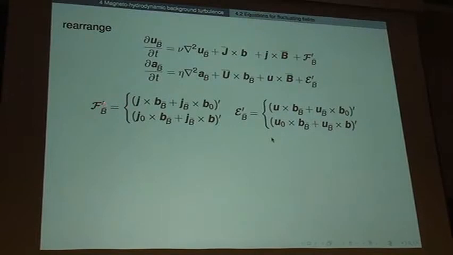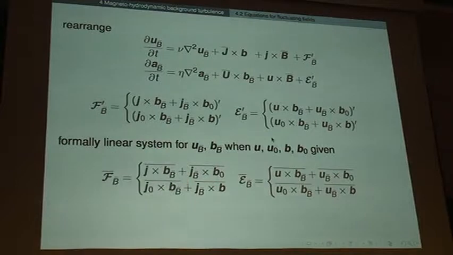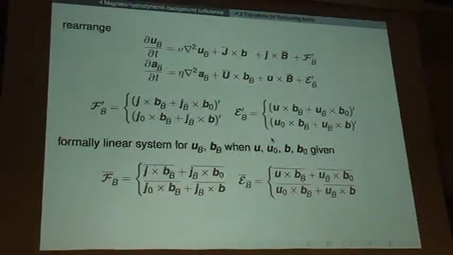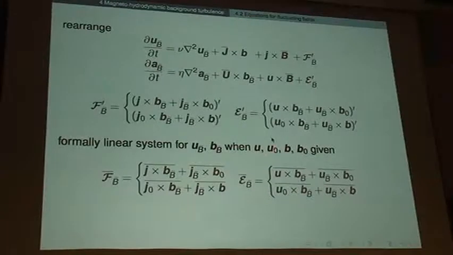And you see, here, this place where these fluctuating forces are, and the fluctuating electromotive force, we have, in both cases, for the force and the EMF, 2 possibilities for this rearrangement. They are, up to now, equivalent. And if you now consider this system and regard the velocity fluctuation U and U0, which is the one without mean magnetic field, and B and B0 as given, we might take U and B from the main run, and U0 and B0 from a separate calculation.